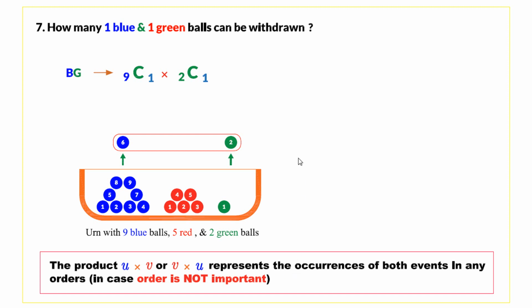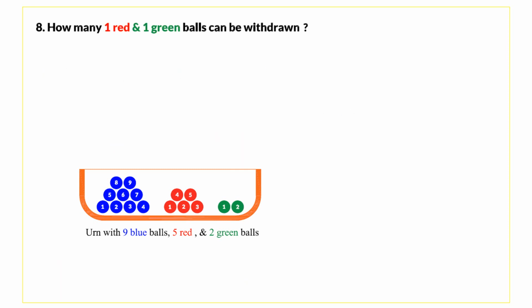This is the principle here, and we apply it and we get 18 possible joint outcomes of blue and green. Question number 8. How many 1 red and 1 green balls can be withdrawn? So we are picking 1 red and 1 green, and now we have a sampling of 2.